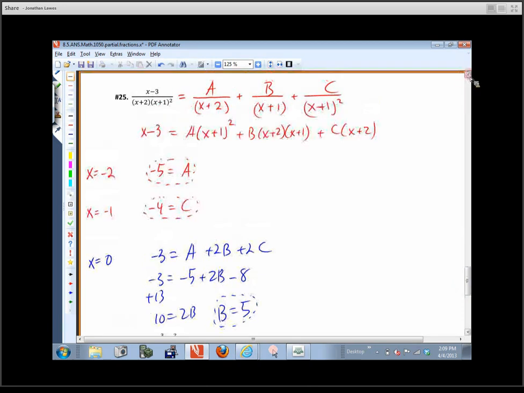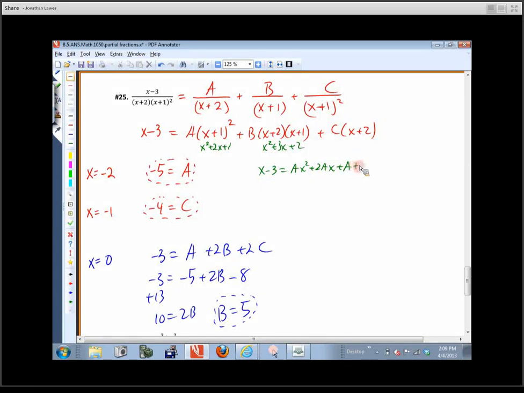Just for the heck of it, this side turns out to be x minus 3. I'll change colors so we can keep these straight. This side turns out to be x minus 3. This is x squared plus 2x plus 1. This is x squared plus 3x plus 2. So if I distribute through, I get ax squared plus 2ax plus, sorry, plus a.